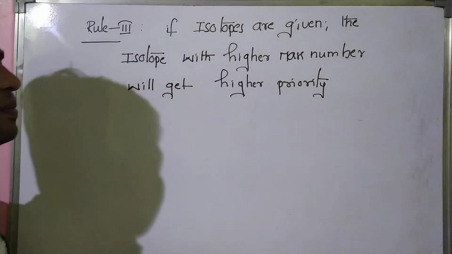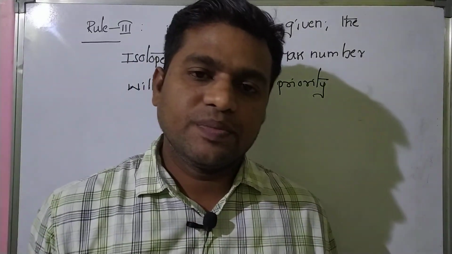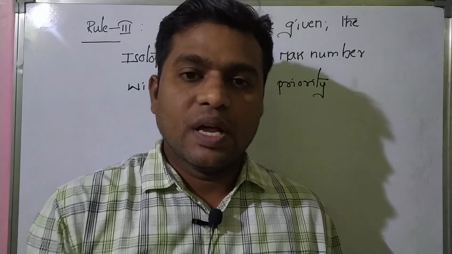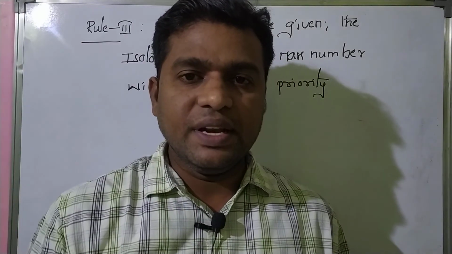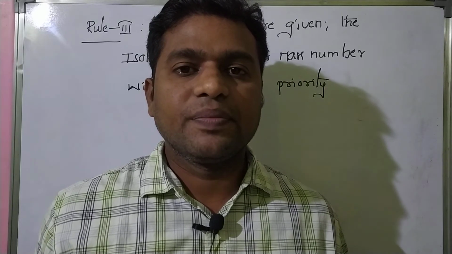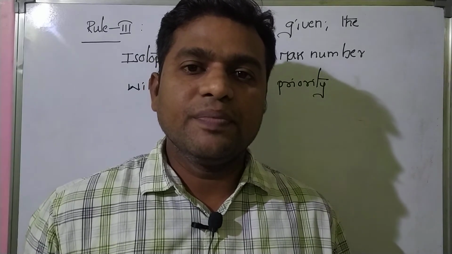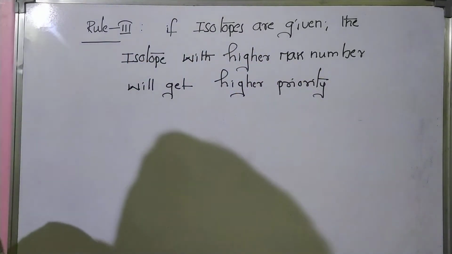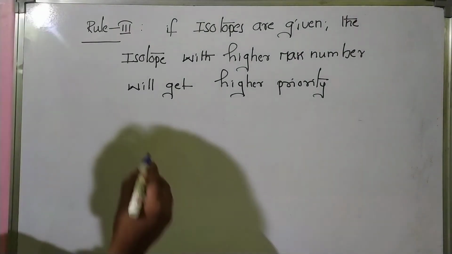Very, very important. Suppose the molecule has isotopes, in such case the priorities of the groups or atoms are given according to mass number. Understood? High mass number isotope gets higher priority. Now one more example. Now write example.